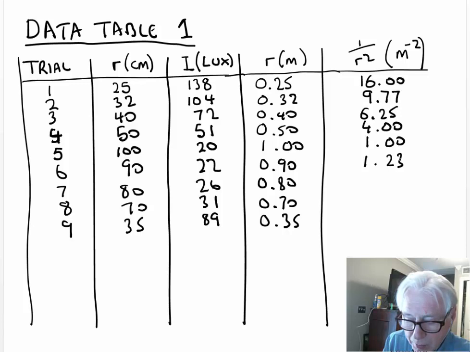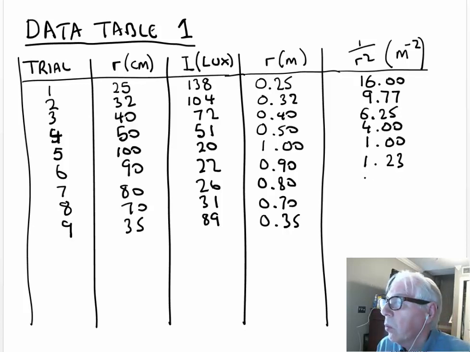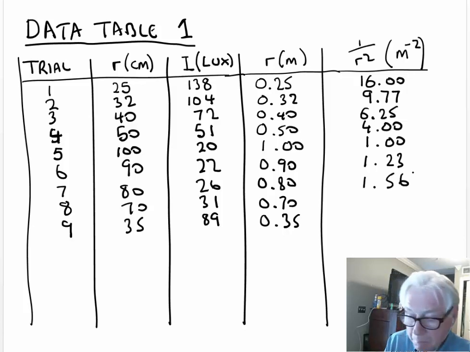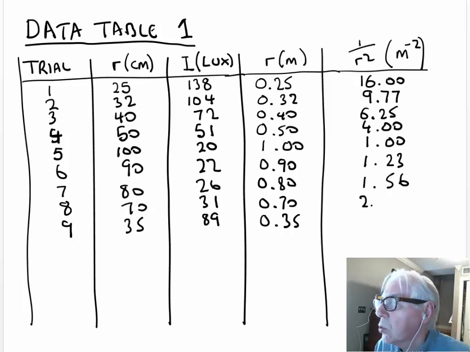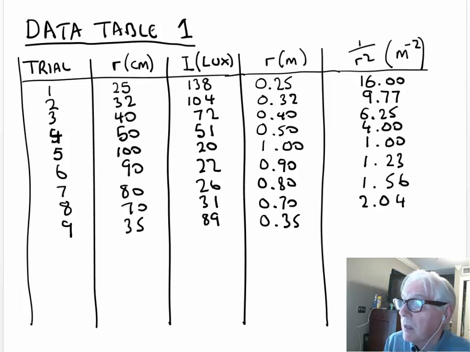1 divided by parentheses 0.8 squared is going to be 1.56. 1 divided by parentheses 0.7 squared is going to be 2.04. And then 1 divided by parentheses, that doesn't make sense.